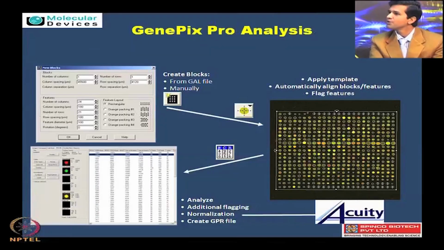GenePix Pro, as we discussed, is acquisition software, and Molecular Devices recommends Accuity software for further data analysis, at the secondary or tertiary level. So you do statistics as well as visualizations on single or multiple data sets.